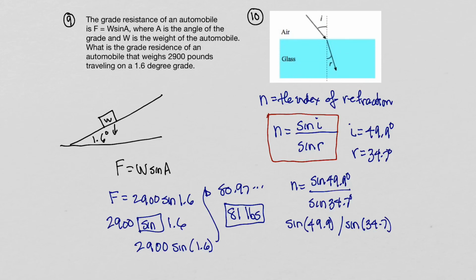I'm going to type it in just like this. I'll press the sine key, parentheses, 49.9, close the parentheses right above the 9 key. Divide, press the sine key, type in 34.7, close it with the parentheses. And when I did that, rounding to two decimal places, I got that n is equal to 1.34 dot dot dot, so 1.34.